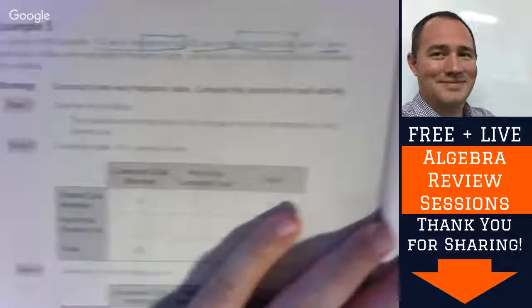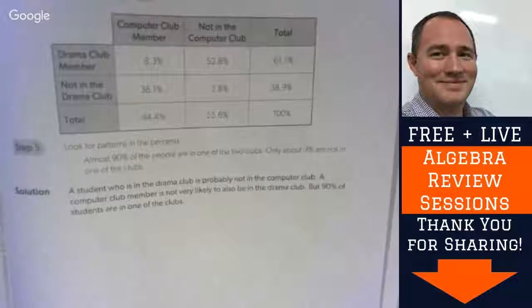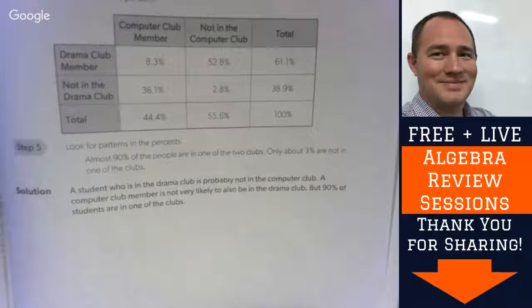So let's see what the book's analysis of that was. A student who is in drama club is probably not in computer club. A computer club member is not very likely to also be in drama club, but 90% of students are in one of the clubs.